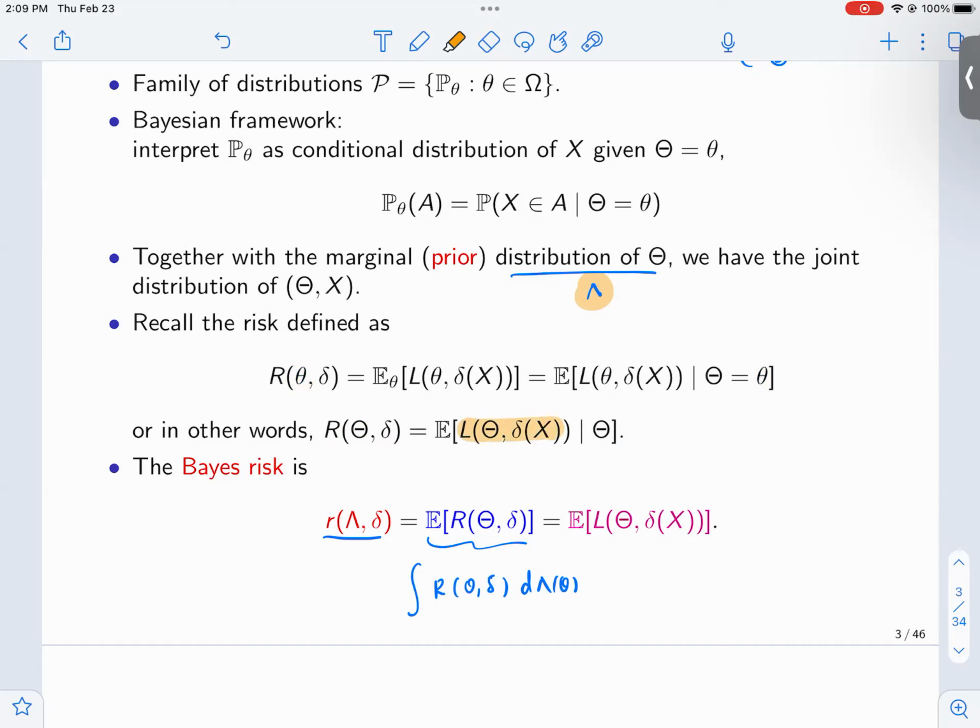So there are two sources of randomness, theta and x here. And so the Bayes risk would be if I take an expectation of this. Okay. So this is only random because of theta.